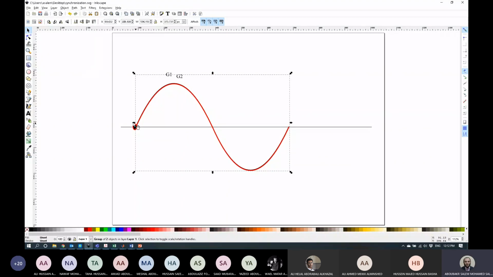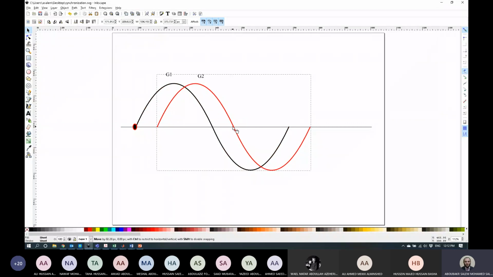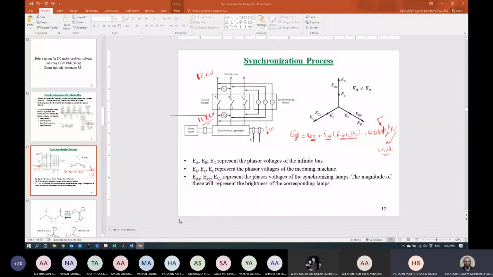So by stepping up or down, increasing or decreasing the frequency, you can achieve the same phase shift. However, it takes time to tune the frequency to get the same phase shift. Okay, guys? So this is regarding the phase shift. Phase shift can be adjusted by adjusting the prime mover speed of the generator.